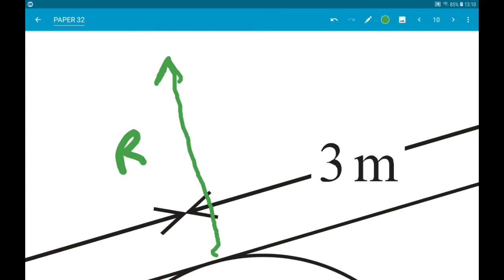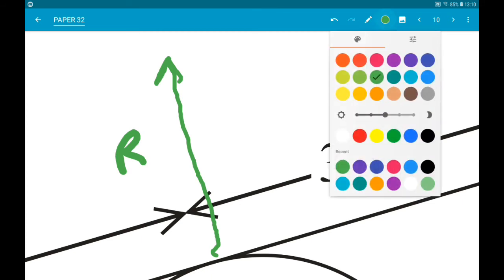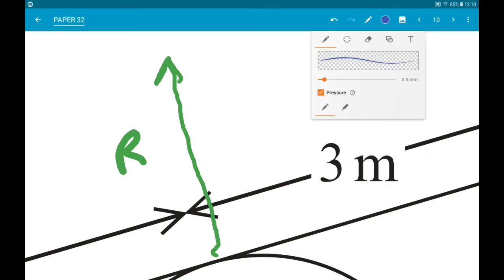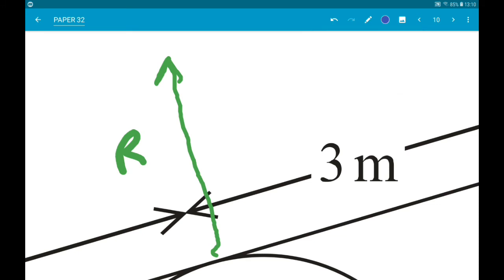So then as a vertical component, and a horizontal component pushing to the left.